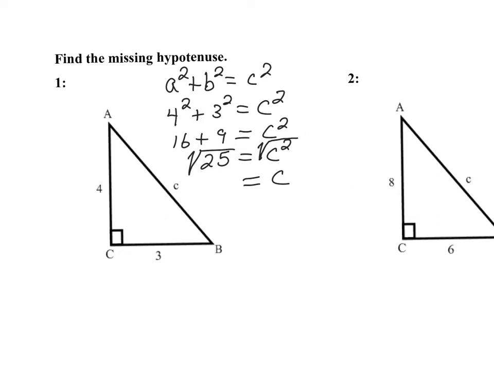It is right above the x squared button on your calculator. So we have to hit the second function and then hit the x squared. But first thing I have to do is type in that value. So I type in a 25 and I hit second function x squared.